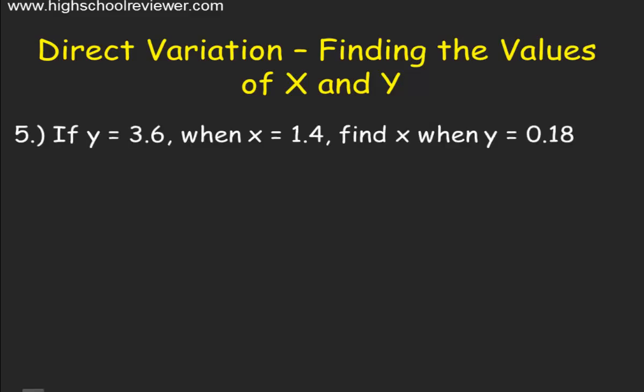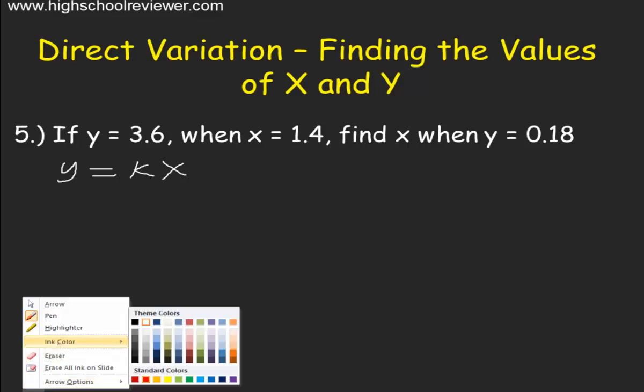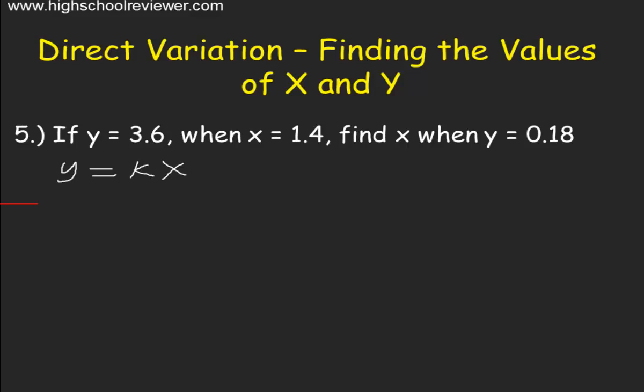Number 5. If y equals 3.6 when x is equal to 1.4, find x when y is equal to 0.18. Again, our equation is y equals k multiplied by x.